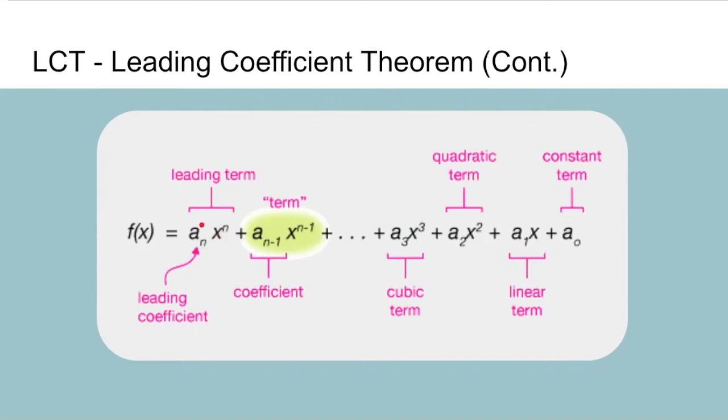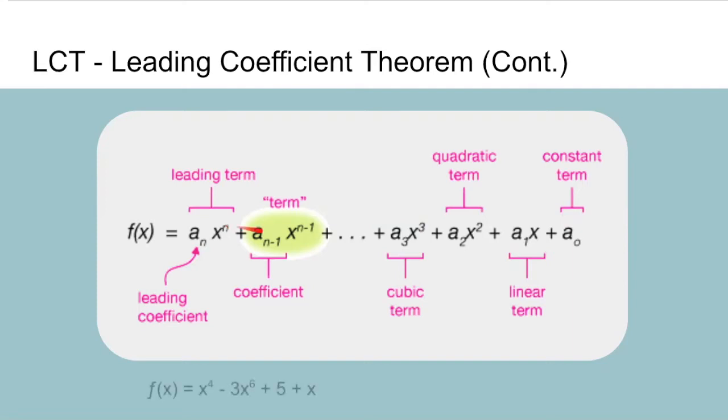And so here we can see a sub n. This is our leading coefficient. So it is just the coefficient on this x with the highest degree. And our leading coefficient theorem sees if this is positive or negative. And it also looks to see if n is even or odd.